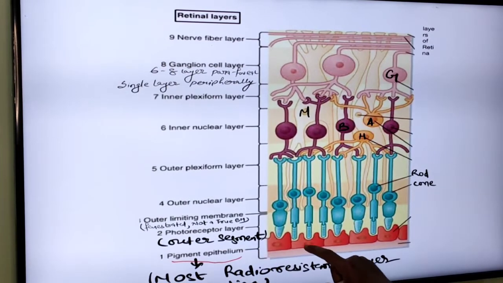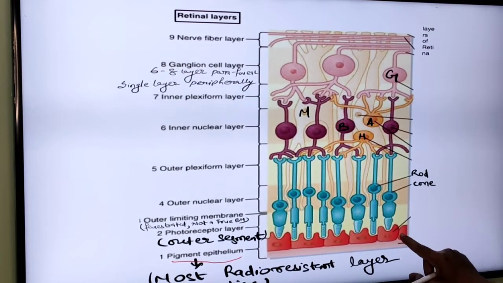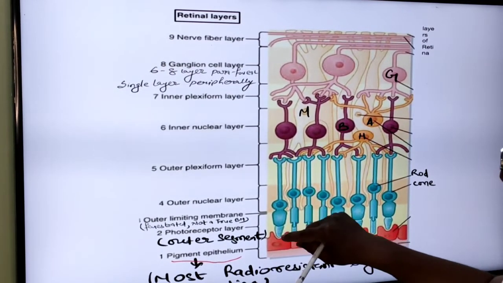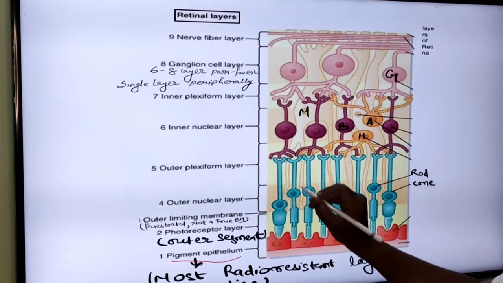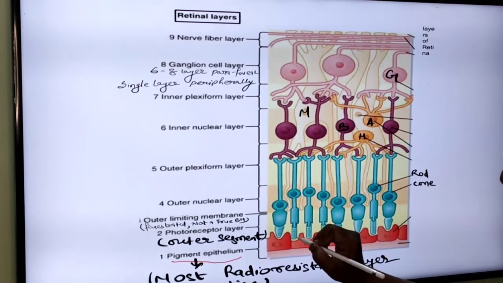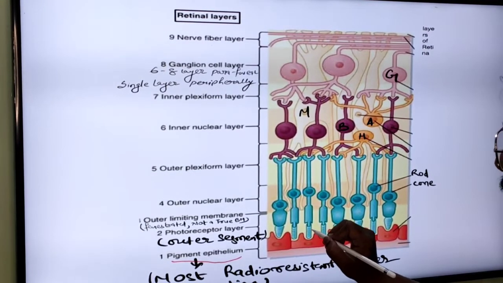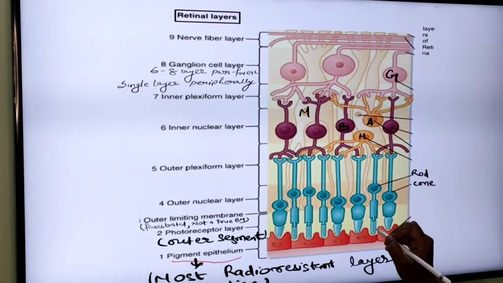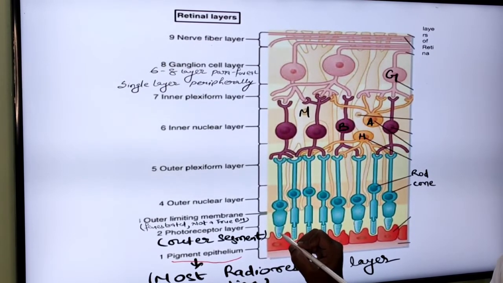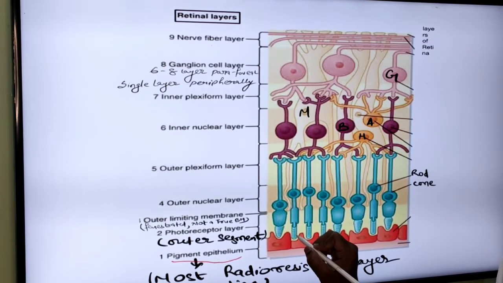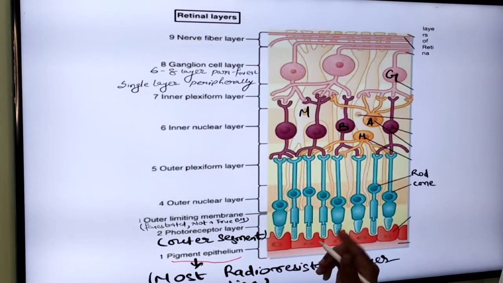These cells are the retinal pigment epithelium. This is the cone, because the shape is conical. This is the rod cell, because the shape is rod-like. This has the cone pedicle, and this is the rod spherule.